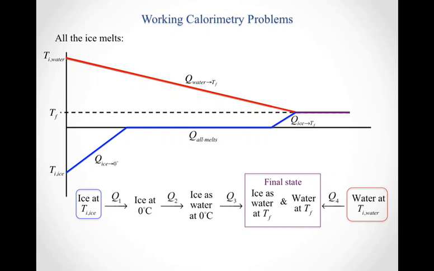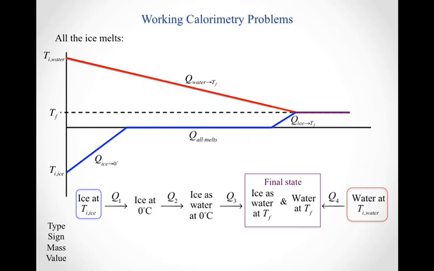So this gives us 4 energy exchanges that we need to keep track of. And if we think about what type of energy exchange each of these are, what sign they're going to have, because it is either taking in energy and so will be positive, or giving up energy and will be negative, what mass do we need to include in each of these processes? And then, if it's a specific heat process, what specific heat value do we need?